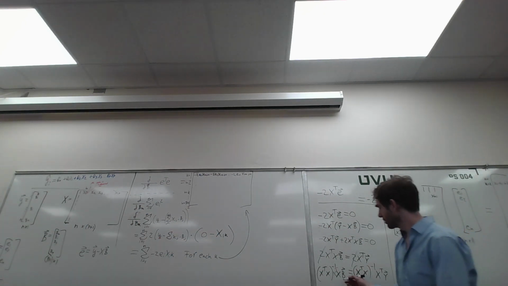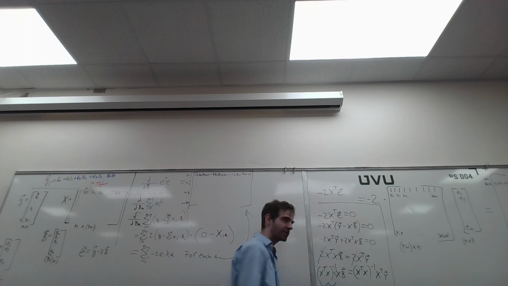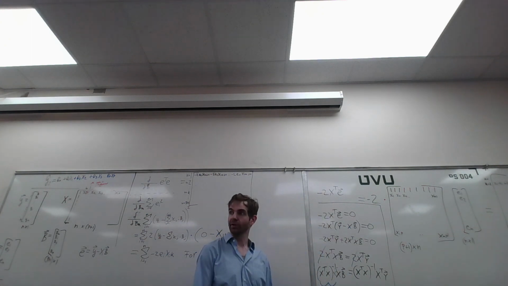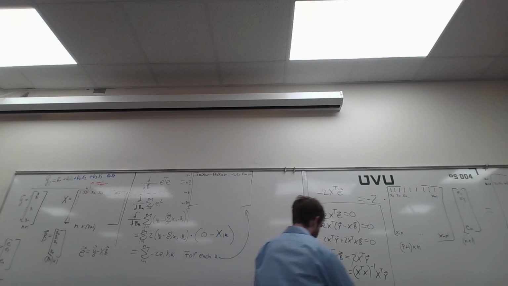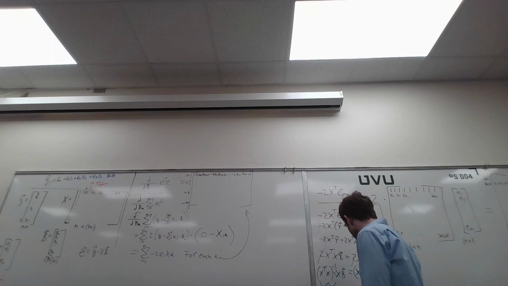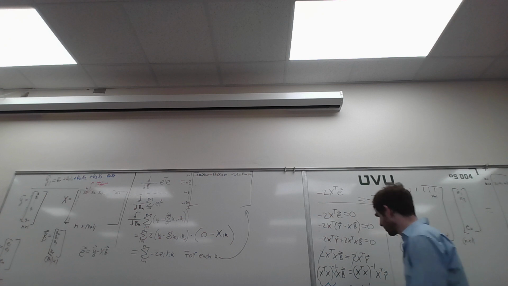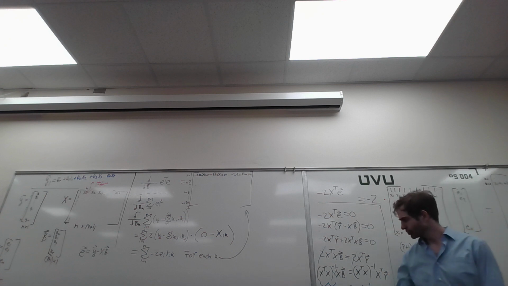Okay. This whole thing is now just an identity matrix, right? Anything multiplied by its inverse is an identity matrix, right? So you end up with the identity matrix multiplied by beta is equal to X transpose X inverse X transpose Y. Truthfully, the identity matrix doesn't really change anything here, right?